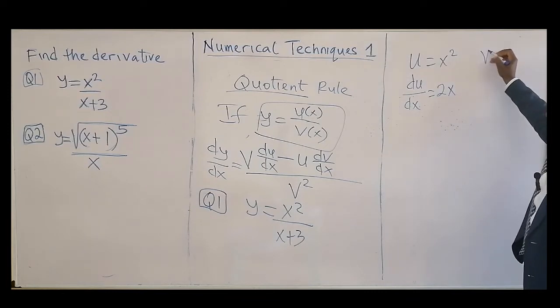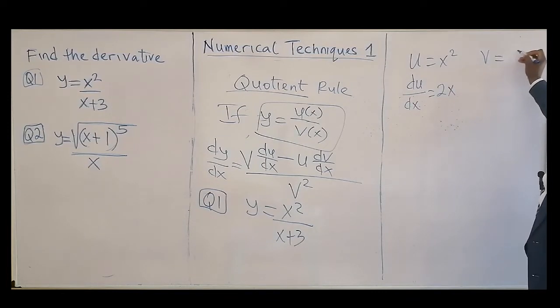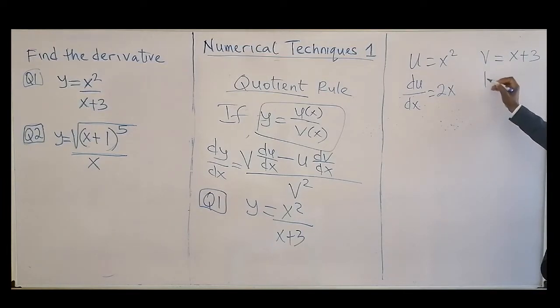The v is the denominator, x plus 3. The derivative of x is 1, and the derivative of the constant is 0. So we've gotten du/dx and v/dx, and indicated what u and v are.